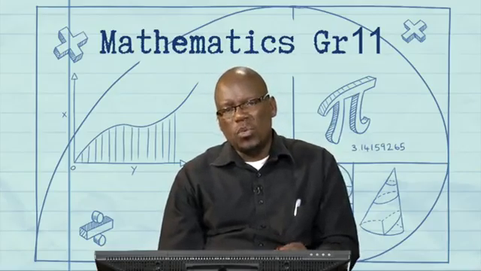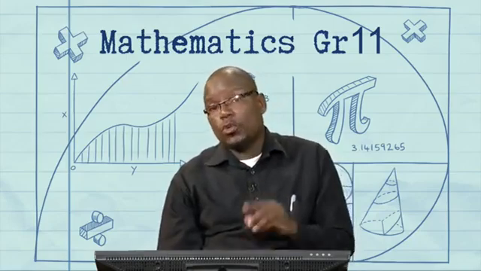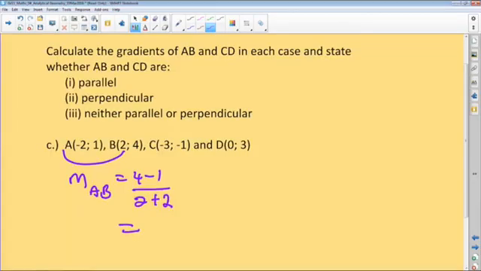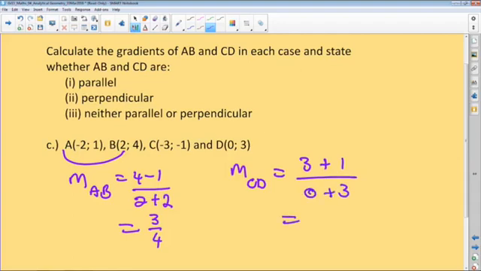So that's x2 minus minus 2. So a negative and a negative, it's a plus. So you get 3 divided by 4. So gradient of AB is that. And then gradient of CD is 3 plus 1, all divided by 0 plus 3. And that is 4 over 3.